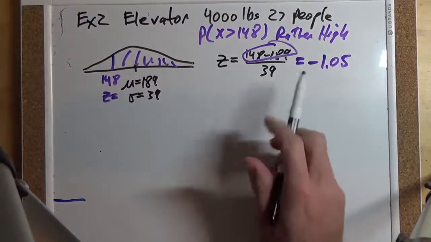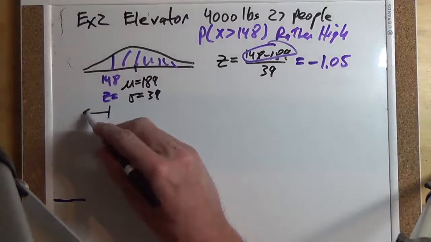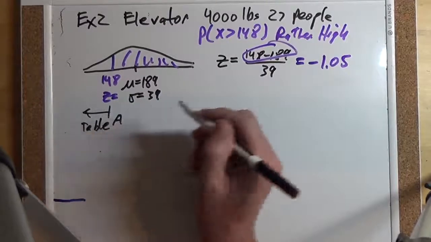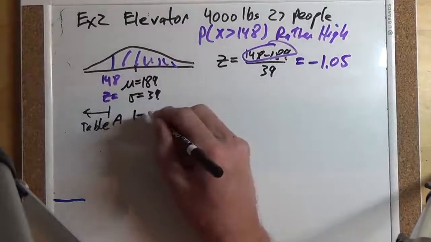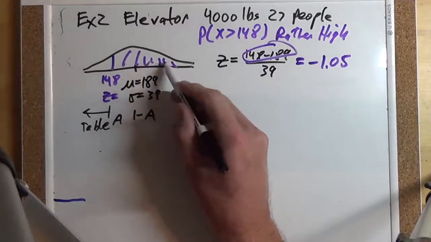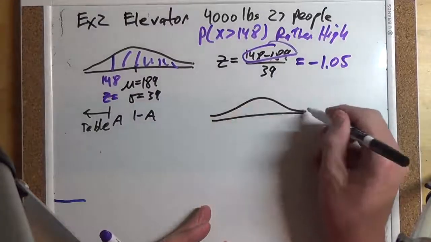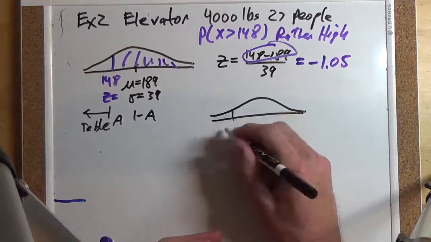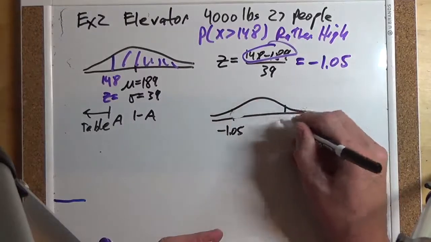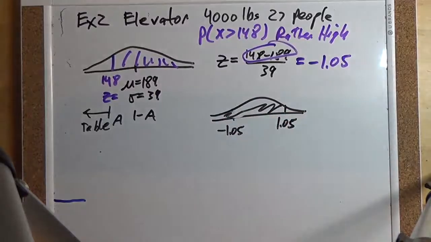Now, you could look in the table and get the area to the left, because that's what the table gives you, is this area to the left. And you could then take 1 and subtract that area and get the answer, because that's a complement. You're looking at the stuff to the right. I'm going to use symmetry instead. If my z-score is negative 1.05, I'm going out to 1.05, and I'm looking for the area to the left of that.